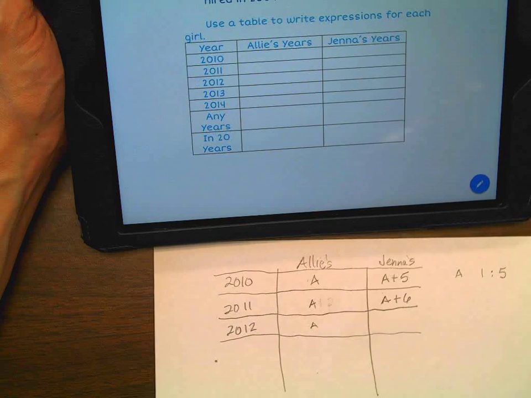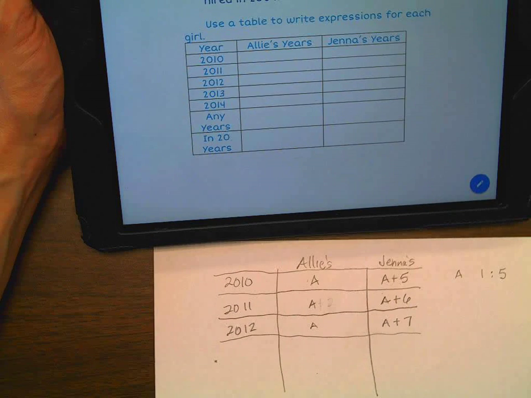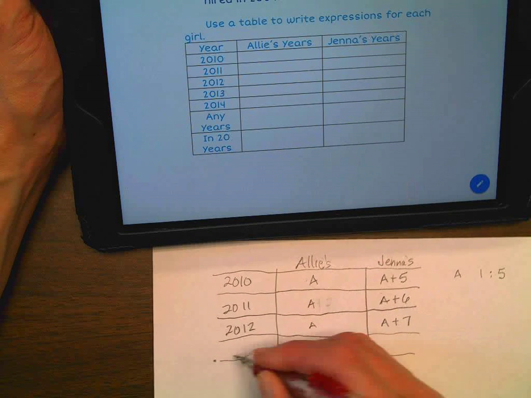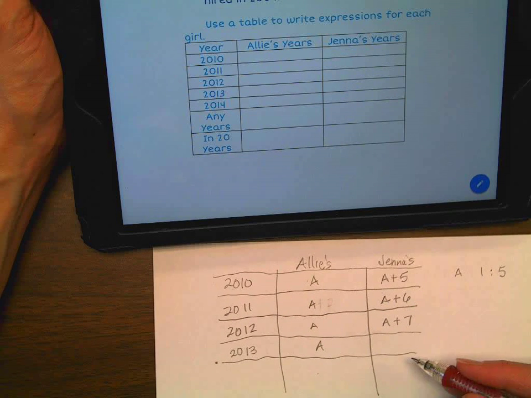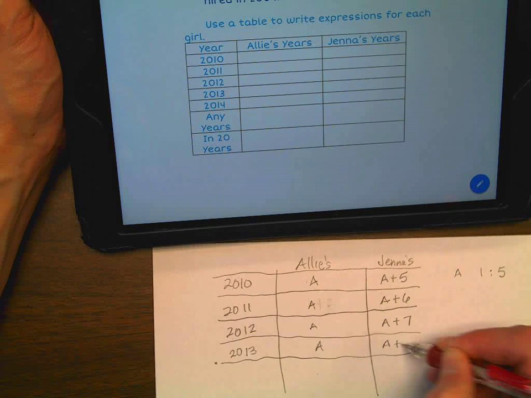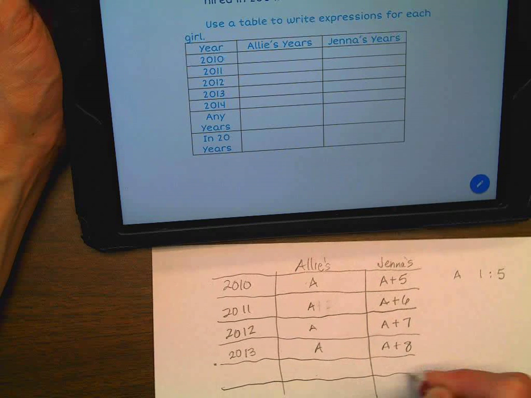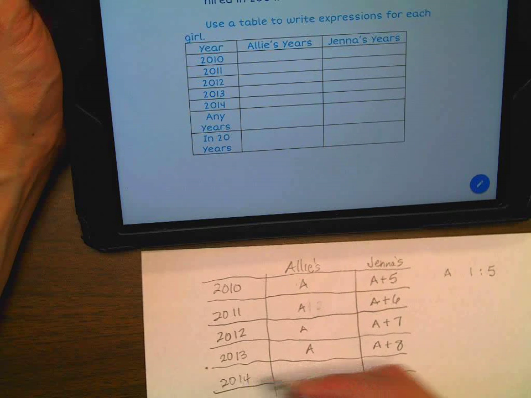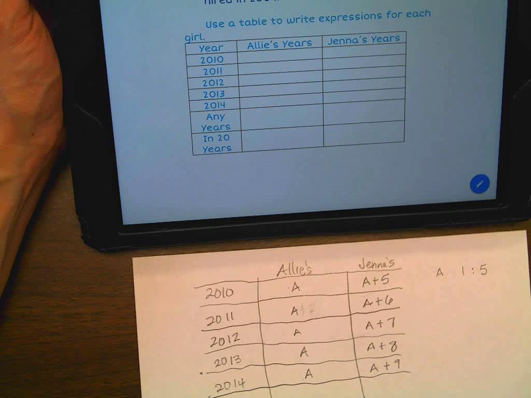Then it would be Allie plus 7 in 2012. In 2013, you would still have Allie, and Jenna would be Allie plus 8. And 2014 would be Allie, and then Allie plus 9.